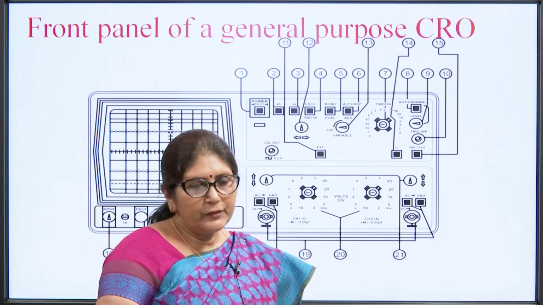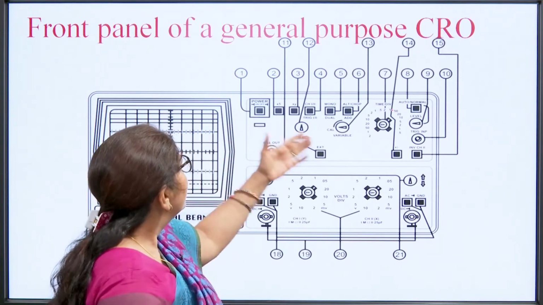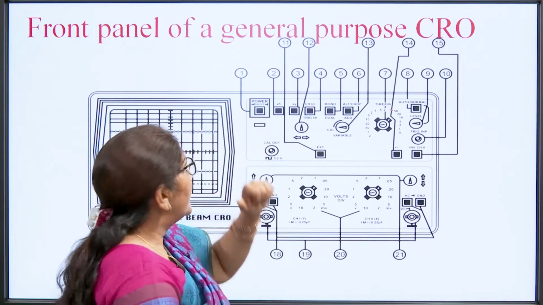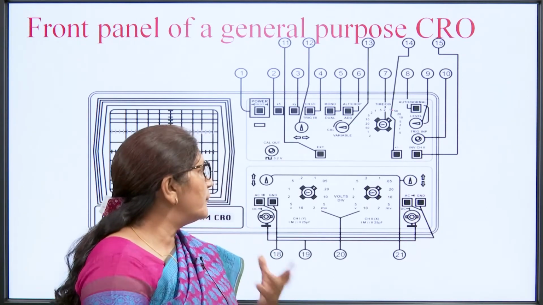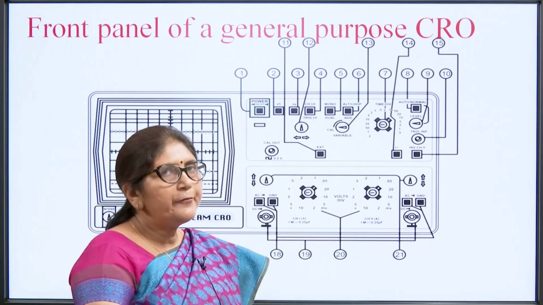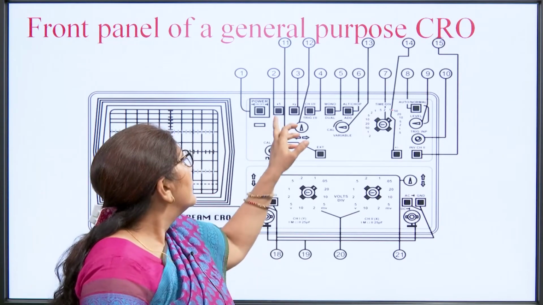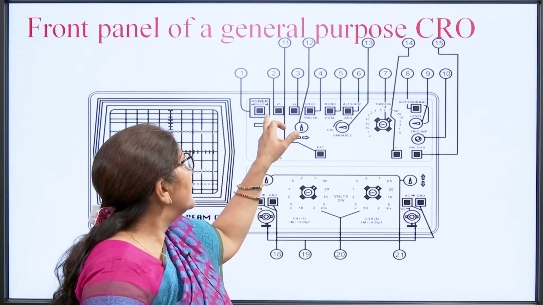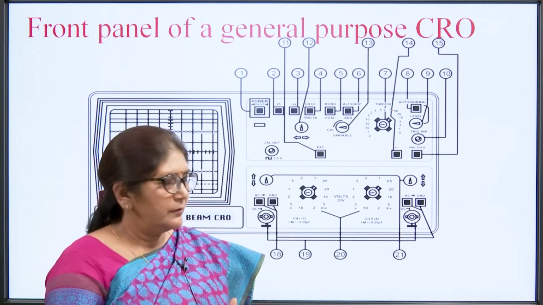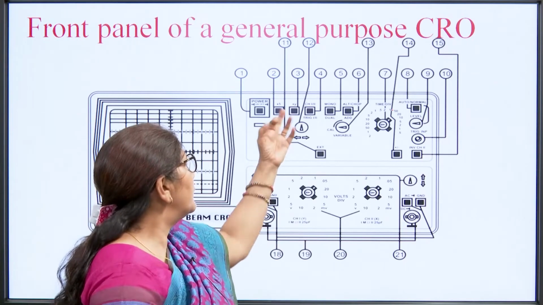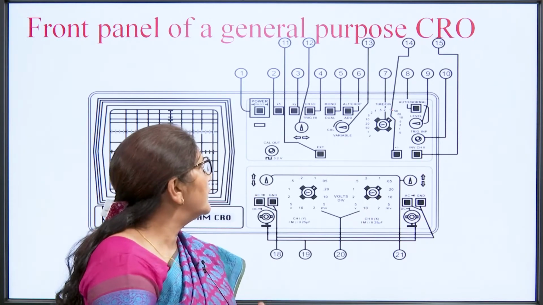In a dual beam CRO there is one more switch, that is X5. If our signal amplitude is very low, then we can multiply that signal by 5 by pressing this switch. Then XY: if we use both the channels, then we will put our knob at the XY position.